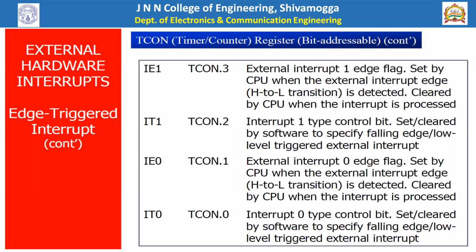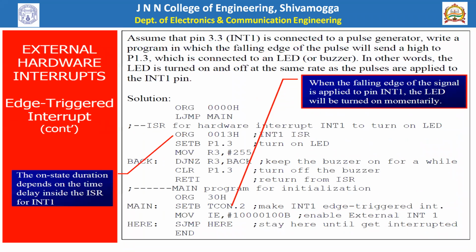A high to low signal is recognized on TCON.1 and TCON.3 only after one machine cycle high and another machine cycle low. Then only it will be taken as an edge signal. That is very important.